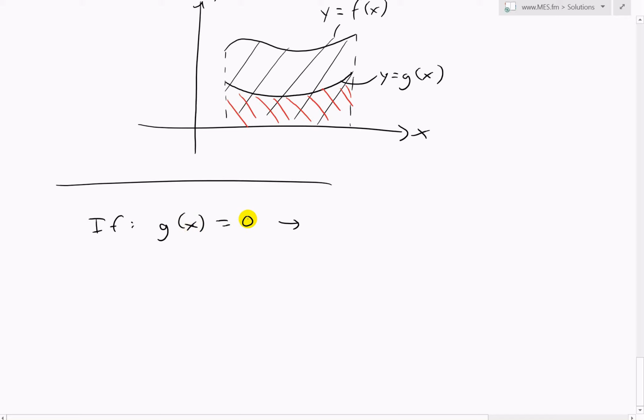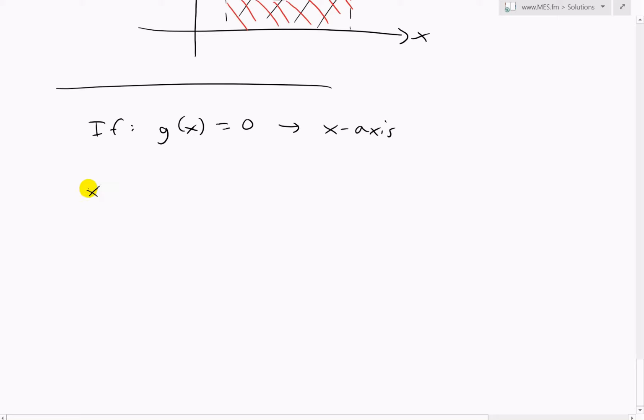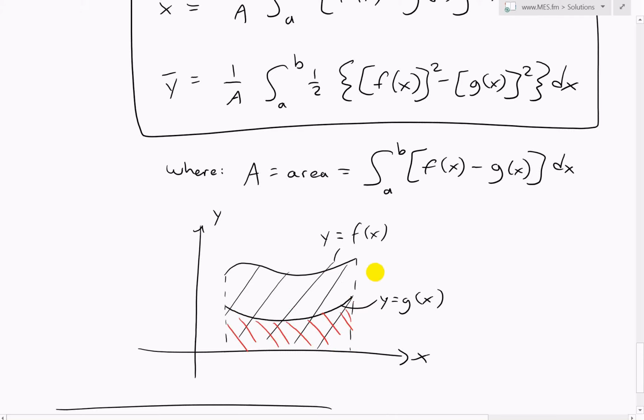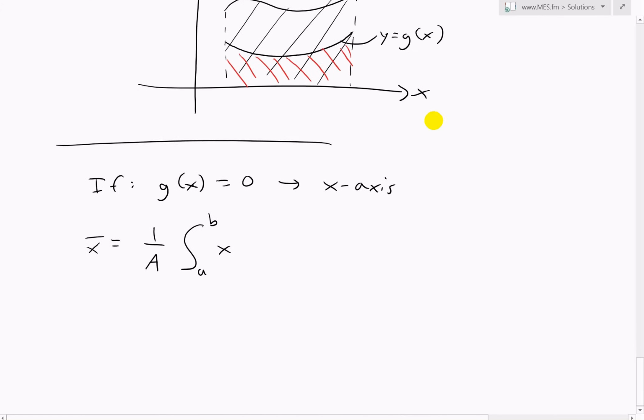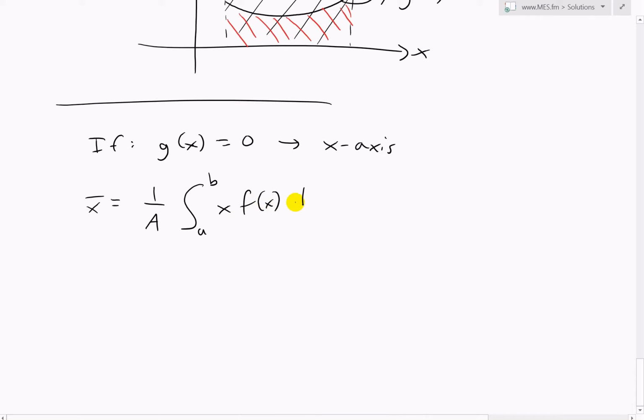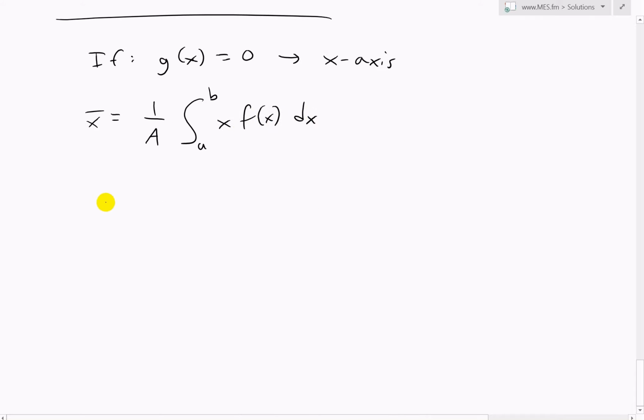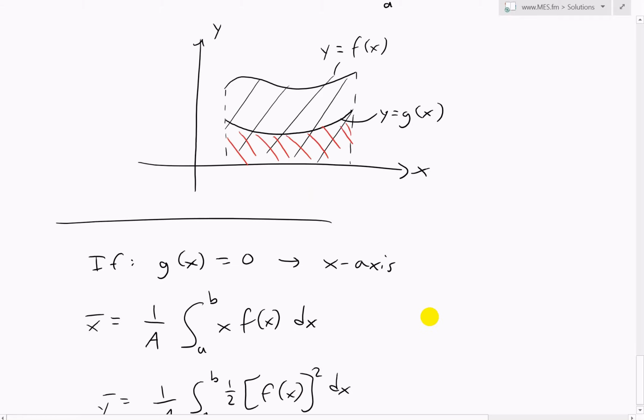So for the x-coordinate of the center of mass we get 1 over A times the integral from a to b of x times f of x minus 0, so that's just f of x dx. Likewise for the y-coordinate, 1 over A, the integral from a to b of 1/2 times f of x squared dx, because g of x squared is 0.